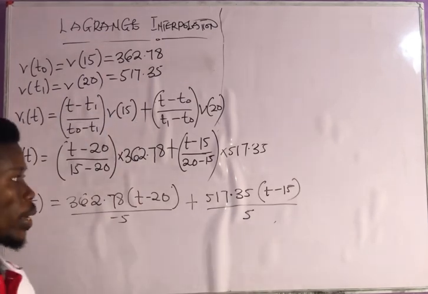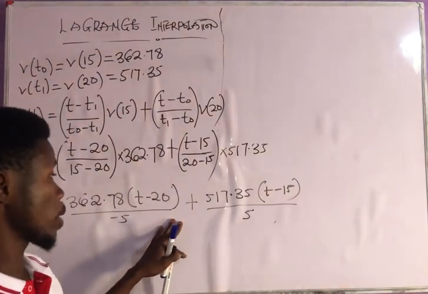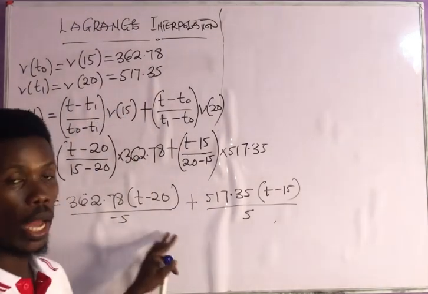So this is what we have, and this is the equation that we are looking for, the expression for the velocity. Now we have it.